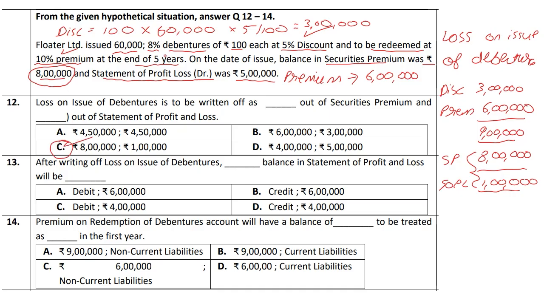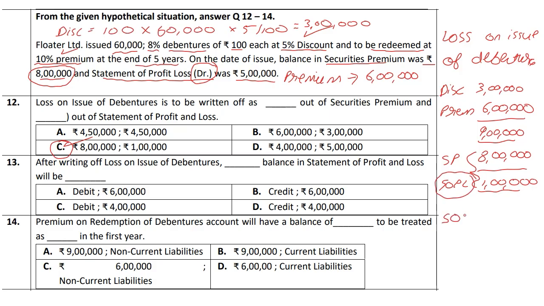All right. Next, we have, after writing off loss on issue of debentures, dash balance in profit and loss account will be. Now, first of all, remember we are starting with the debit balance. And if you're going to be writing off this loss of 1 lakh, this is also a debit entry.